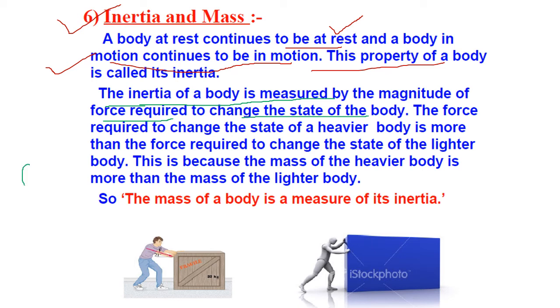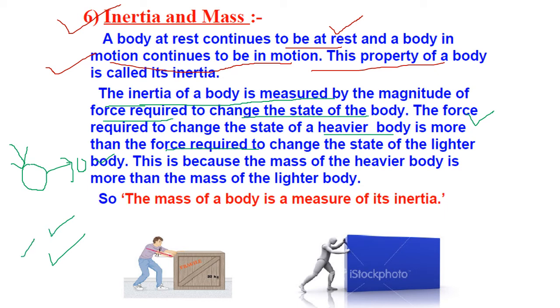For example, there is an object. How much force is required to move it from here to this place? This is called inertia. What they are saying here is that the force required to change the state of a heavier object is more than the force required to change the state of a lighter body. So you have to remember, if it is a smaller body, smaller force is required.